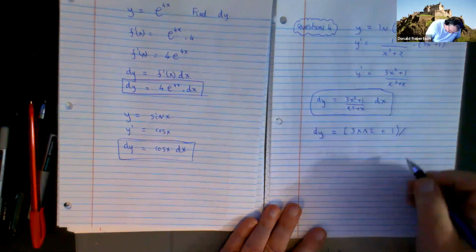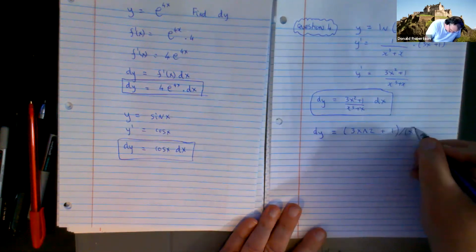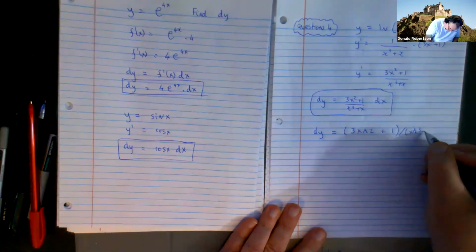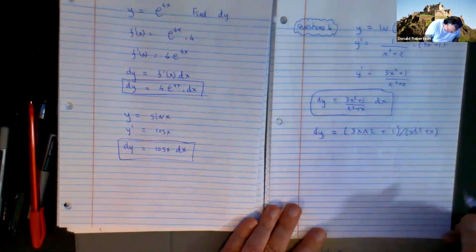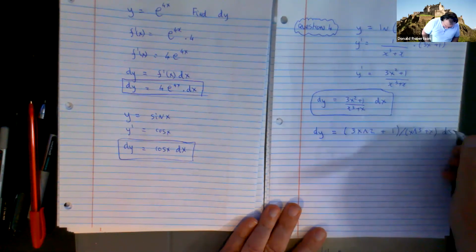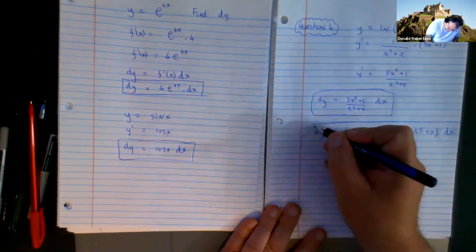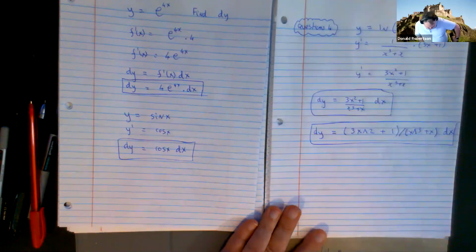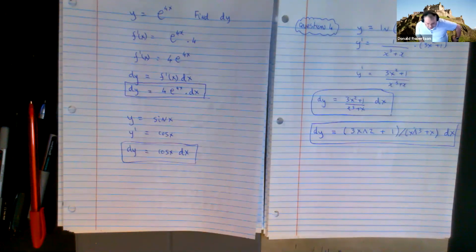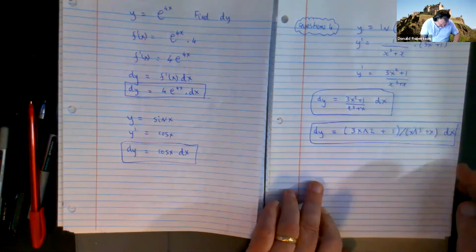Divide symbol, start another bracket. X cubed plus x, close the brackets. Do a little bit of a space, dx. So that's what I will be looking for in this question. And you will be able to use this for your earlier questions, where you might not be able to exactly describe it as cleanly as you'd like, but that's the best we can do.